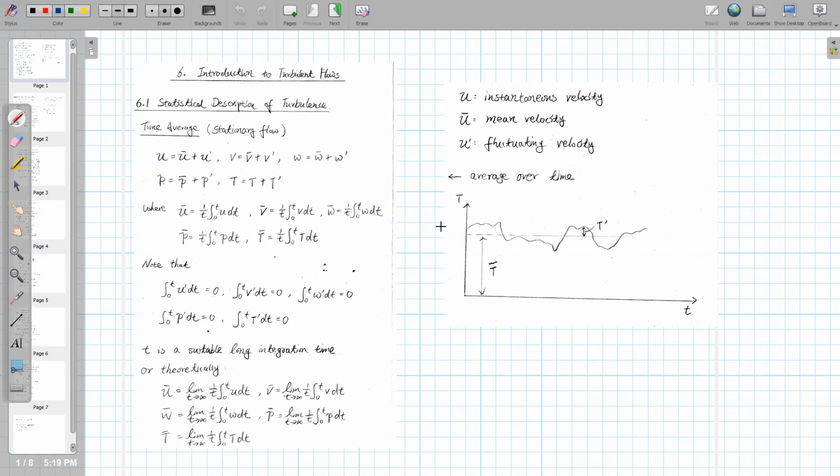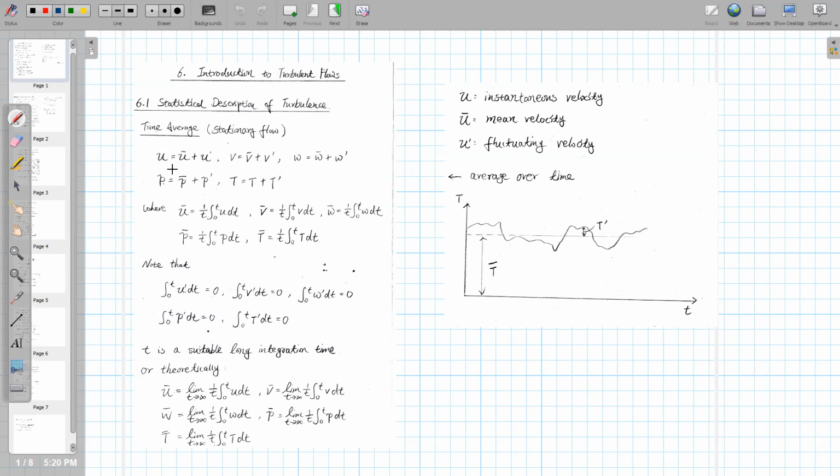And one thing we can do, if this flow is a stationary flow, meaning the flow is approaching steady state already, is the time averaging.